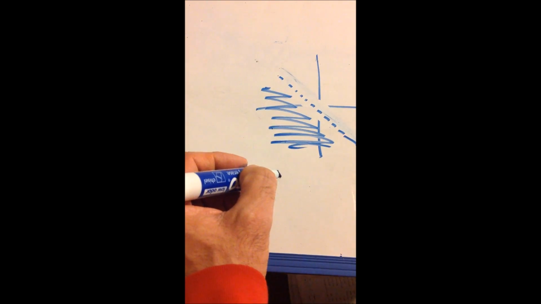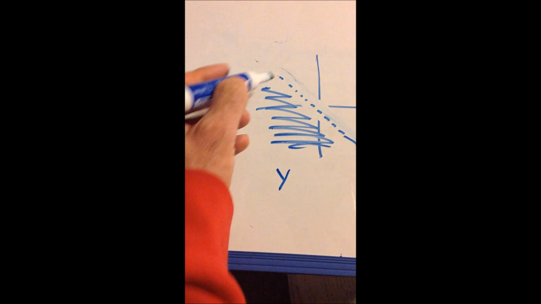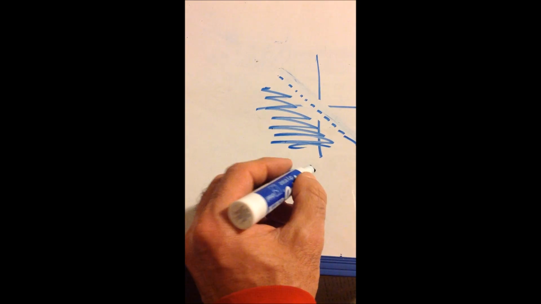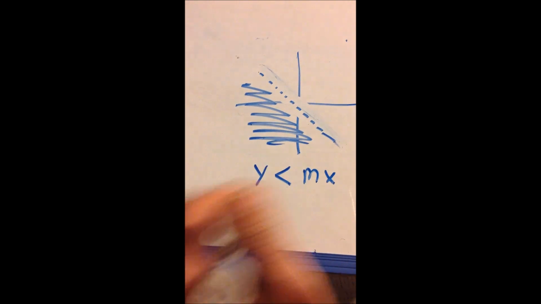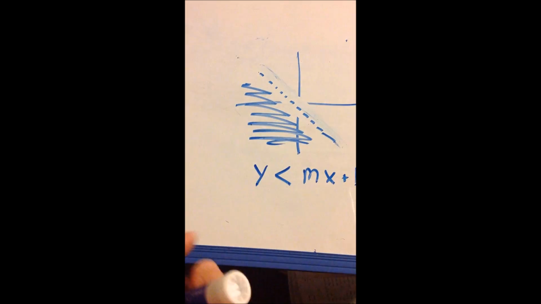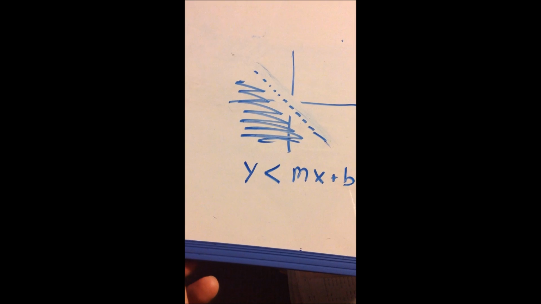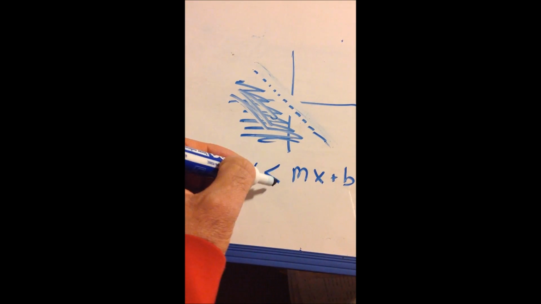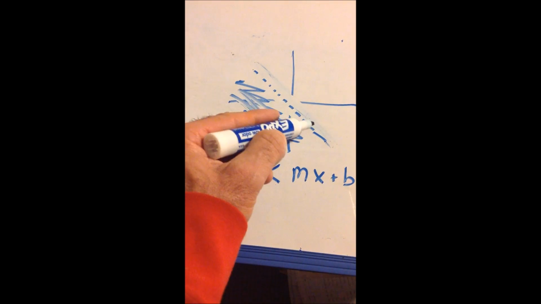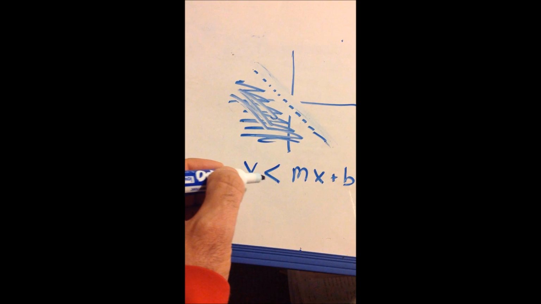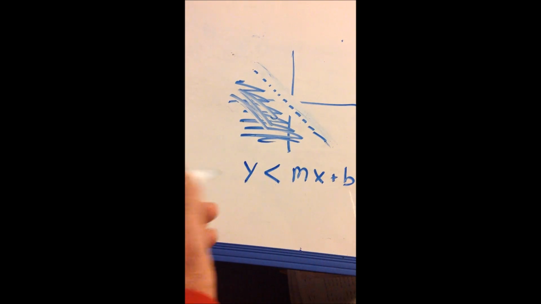Since the solution is below the line, and since it's a dotted line, y is going to be less than mx plus b. Again, if it was a solid line and the solution was here, y would be less than or equal to mx plus b. Since it's a dotted line, y is less than only mx plus b.